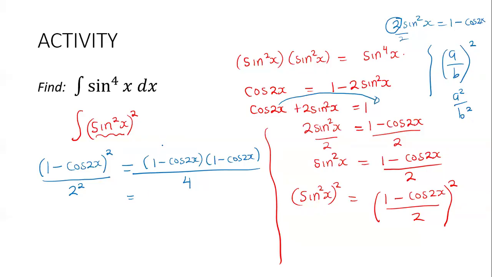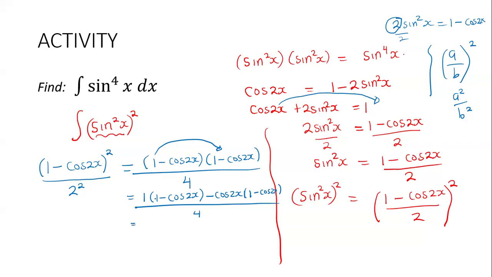So when I open, this one will affect everything here. I'll have 1 into (1 minus cos of 2x). Then this negative cos of 2x will also affect the other side, so you'll have minus cos of 2x times (1 minus cos of 2x), everything out of 4.